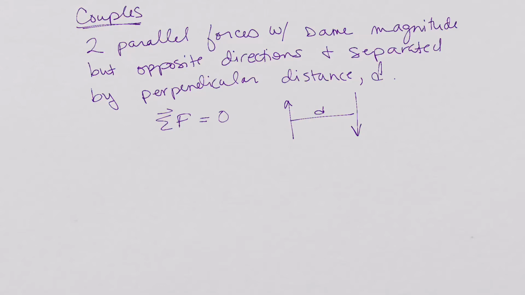But since they're parallel and the same magnitude, so if this is A and B, the sum of the forces is going to equal 0, because say that was in the J direction, so the resultant equals A, we're going to say the magnitude is just M times in the positive J direction minus the same magnitude for the other one, which is in the negative J direction, so that just equals 0. It produces an actual rotation.